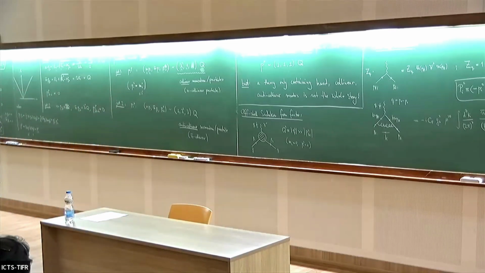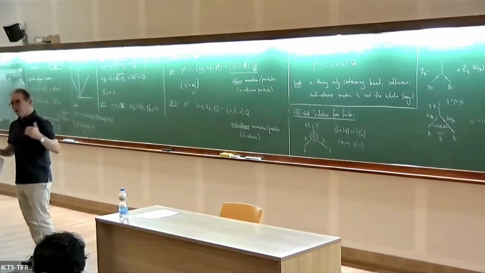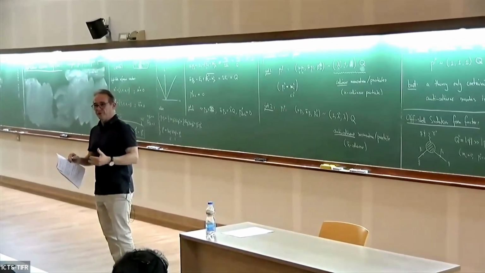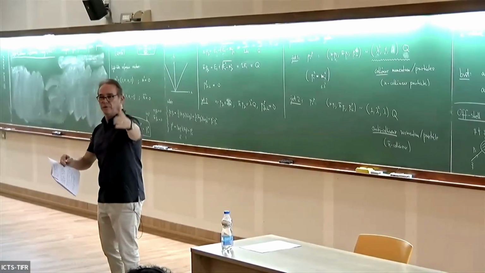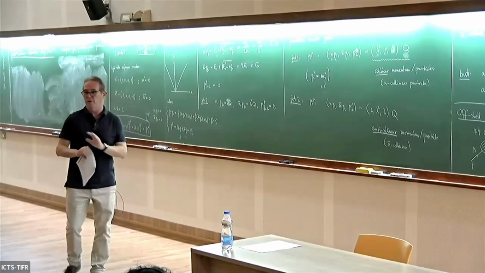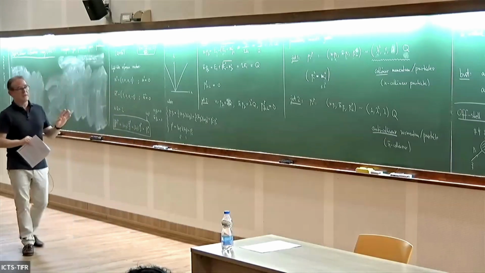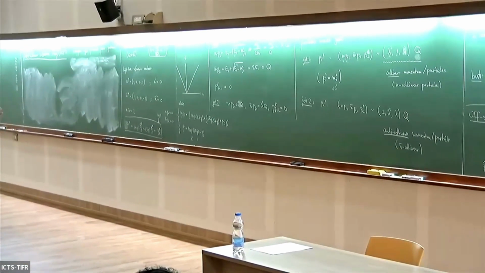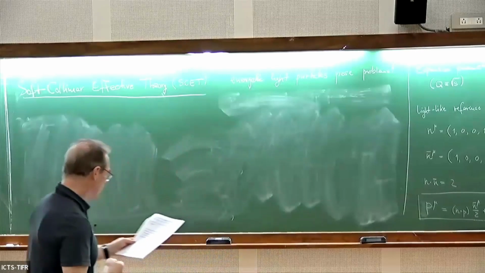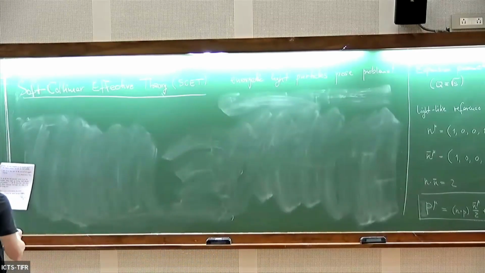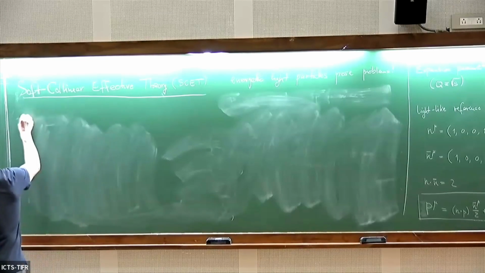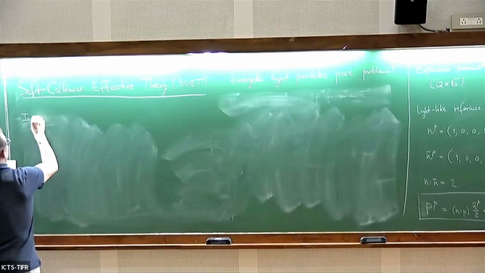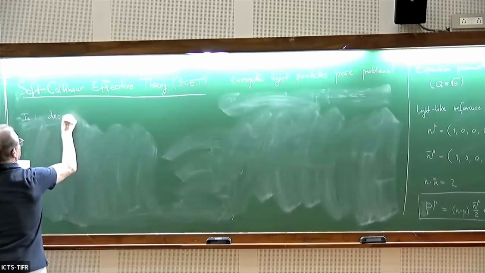You cannot do it analytically, but you can do it using the method of regions, and it gives you the asymptotic expansion of this integral in the region where one of its parameters is small. So this is an incredibly powerful tool also outside of field theory, if you want to do some hard integrals. So, okay, we're going to take this integral and we will decompose it into regions.